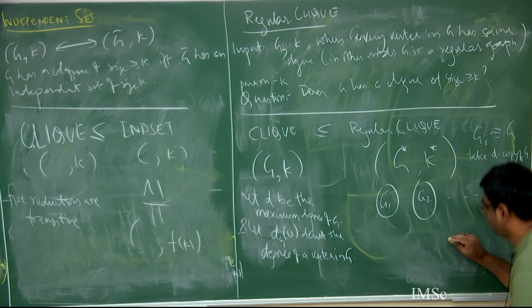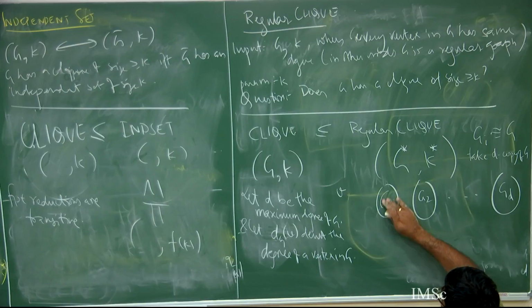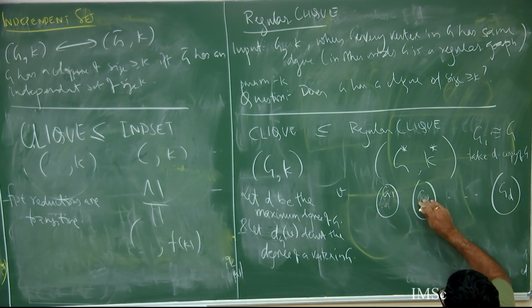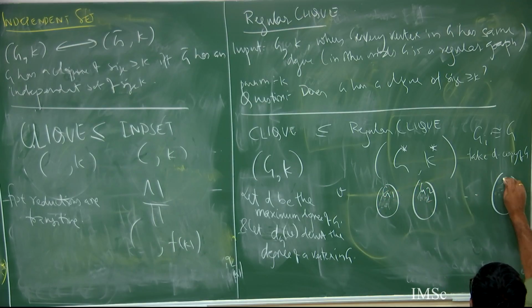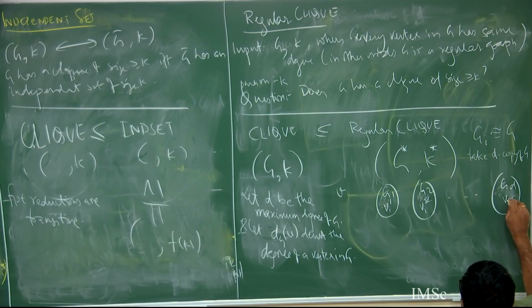So every vertex v, let's fix a vertex v, has a copy in each, right? Let's call them v_1, v_2, ..., v_D.